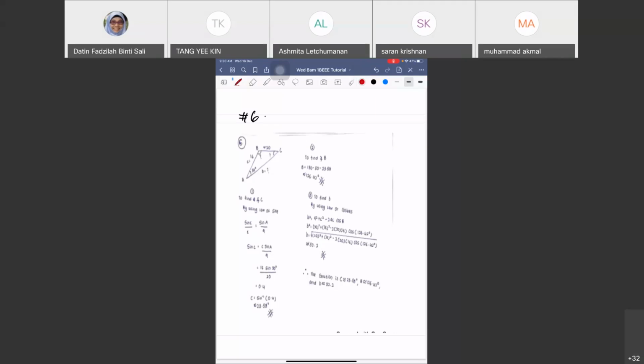Definitely we have to find sine C first, because the opposite length of angle C is given, 16. So we are using law of sine to find sine C. So sine C, you got 0.4. So you consider this.